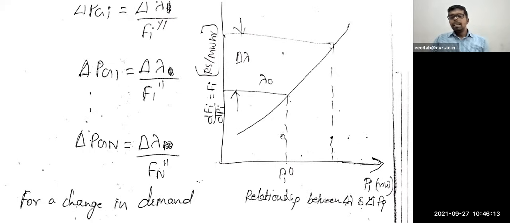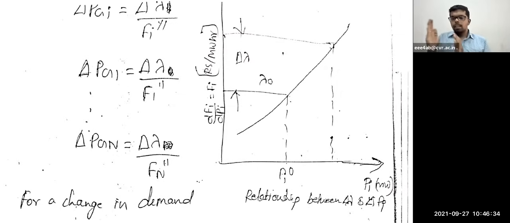Say, for example, the initial power generation is Pi naught, and we have to increase it to a certain extent, say Pi1, Pi2, whatever it may be. That is just notation; for easy understanding you can take Pi dash or Pi1. So we are increasing from Pi naught to Pi1.